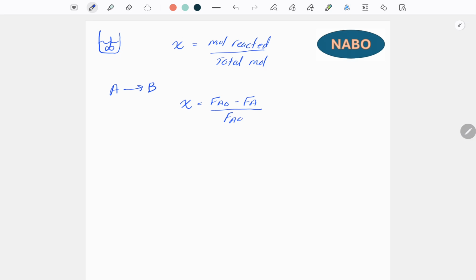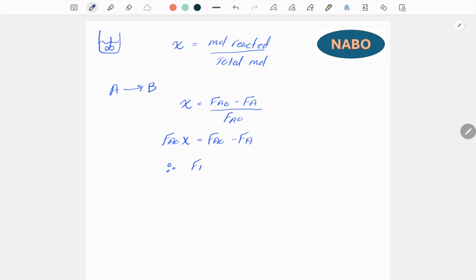Okay, so we need to rearrange this conversion equation in terms of FA. FA naught, which is the initial moles of A, times X, equals FA naught minus FA final.